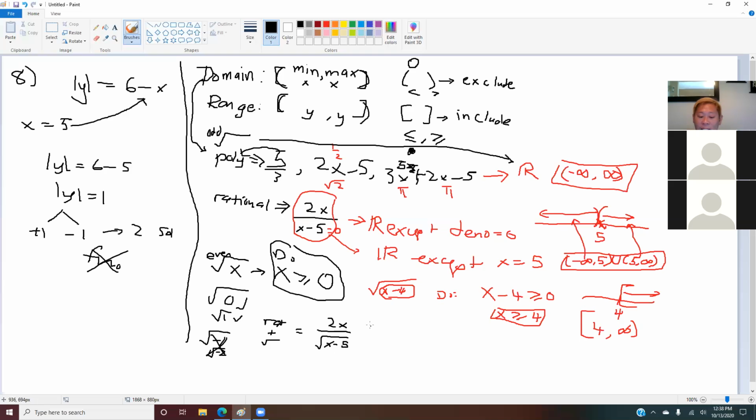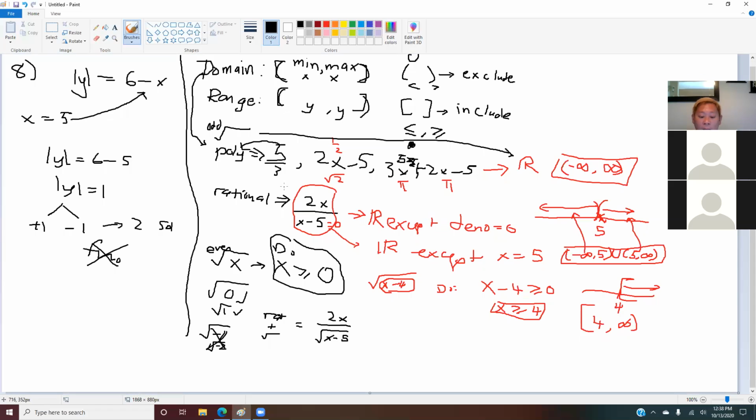If your square root is the denominator here, then your domain in this case, you take the denominator and make it greater than 0. Last time, if you just have a square root, you make it greater than or equal to 0. But if you have a fraction like this, you cannot put equal to.